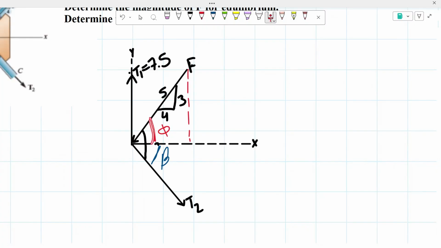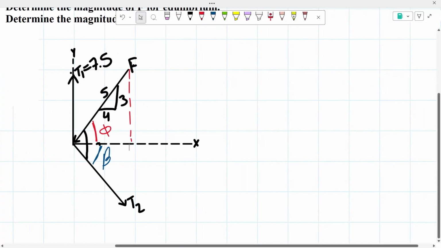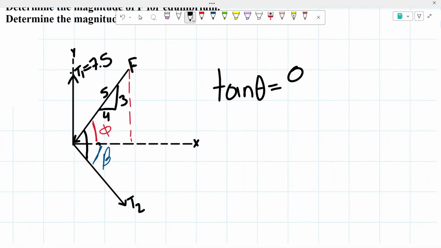And remember, we're trying to find this angle right here. With correspondence to this angle, we are going to be using the opposite side of that angle and the adjacent side of that angle. Remember, tangent is opposite over adjacent. So we're going to write tangent theta is equal to opposite over adjacent.